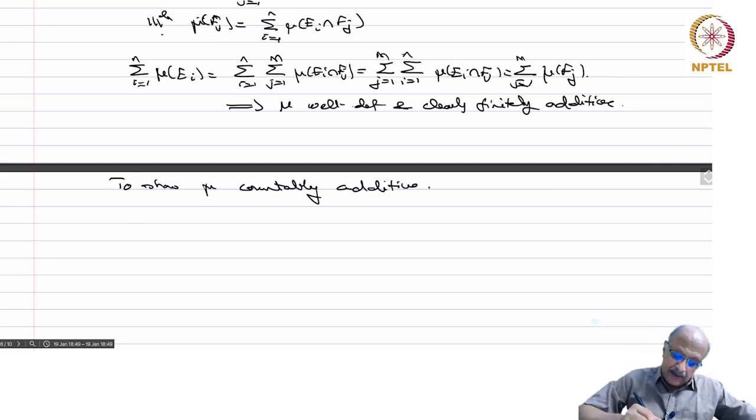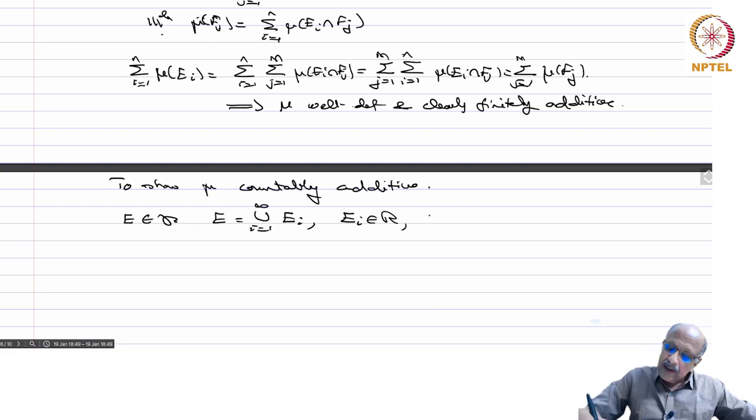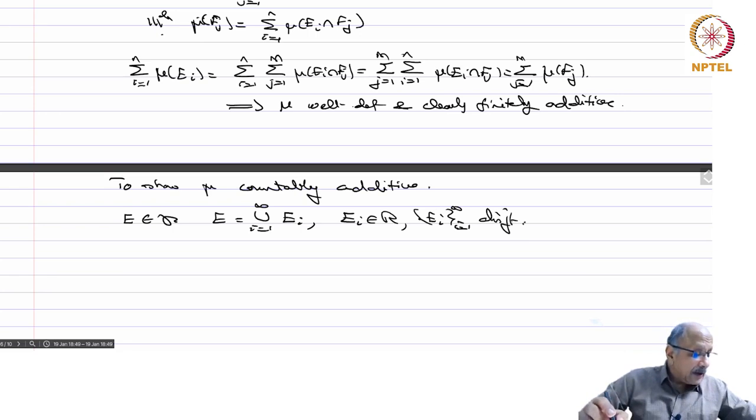So we take E in R, and E equals the union over i equals 1 to infinity of Ei, with Ei in R and the Ei, i equals 1 to infinity, disjoint.